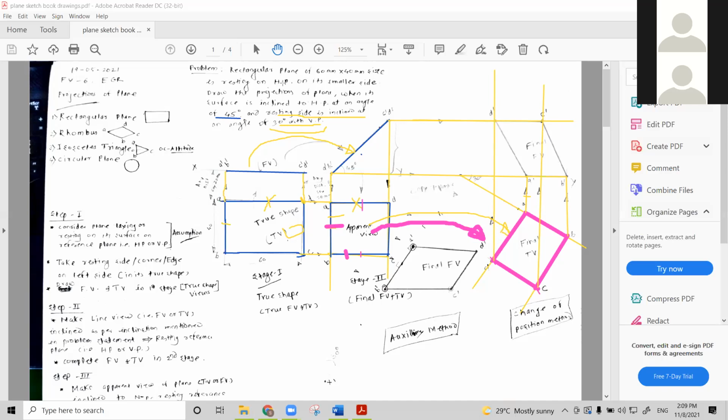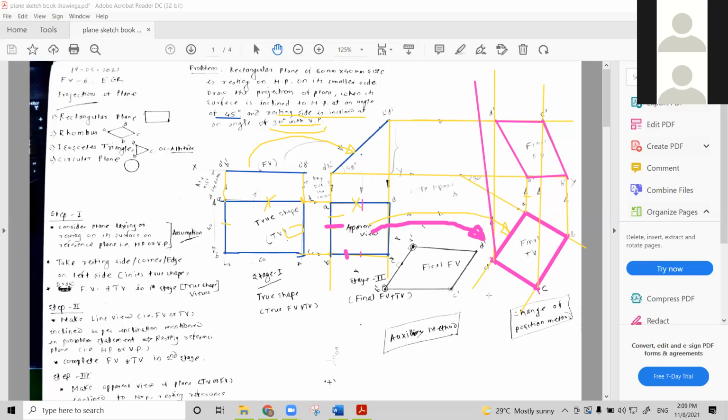Then finally, you join these with straight lines, covering C to D point, C to B point, B to A point, and D to A point, meaning D dash and A dash. Once you join all those points, you will get the final front view. So this is with the change of position method.